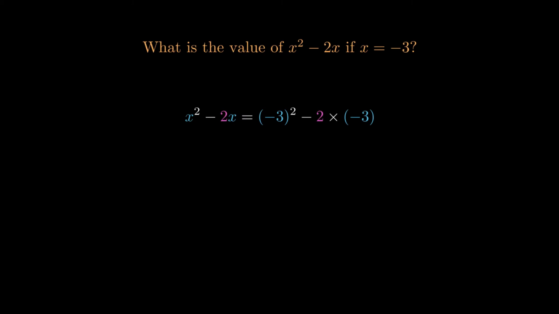Now 3 times 3 is 9, but when you multiply a negative by another negative, it flips to being positive. So we get a positive 9 down here. Then for the next part, we have again a negative times a negative, giving us a positive, and then 2 times 3 is just 6. So really in the end, it's just 9 plus 6, and we get 15.